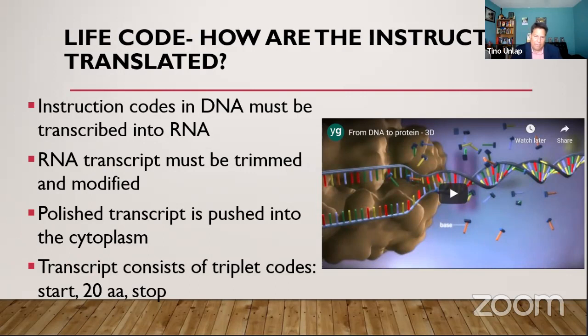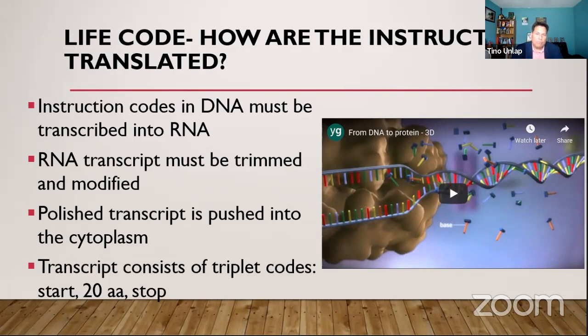And that is, you have the manufacturing instruction on the DNA molecule. That instruction or that code must be transcribed, sort of like you transcribe a document, right? It must be transcribed into another form. And that form is called a transcript, or it's called an RNA, right?